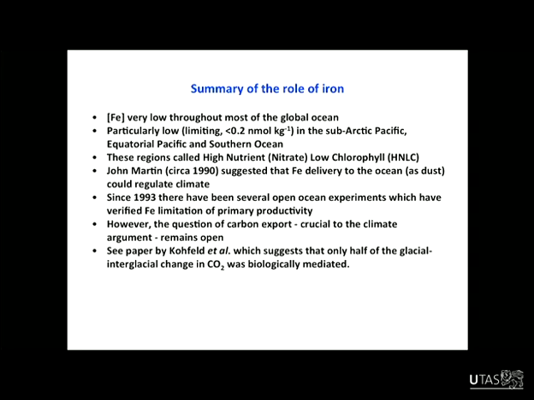The way that it does that is by absorbing solar radiation. Photosynthesis is basically absorption of solar radiation. If you put more chlorophyll in the surface ocean, you're going to absorb more solar radiation, so you're going to warm up the surface of the ocean, where otherwise that solar radiation would have penetrated into the deep ocean.